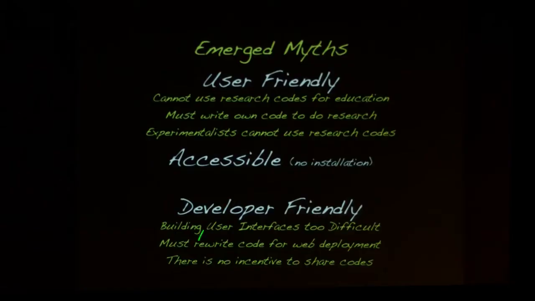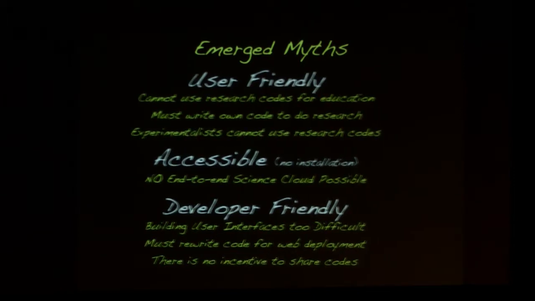And by the way, typically in all other web development environments, you have to rewrite your code to put it on the web. Why would I do that? I don't have time for that. So on the developer side, there are some myths. And then, of course, there was no end-to-end science cloud until we actually had nanoHUB. So there was no accessibility that puts it together.